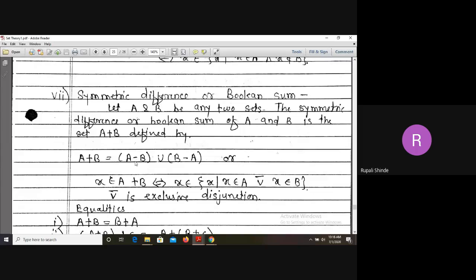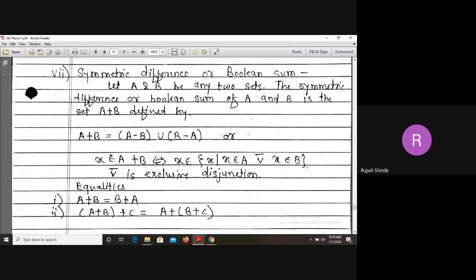So this minus operation is a relative complement. So again we have to find out the set of elements those are present in A but not in B. Union all the elements those are present in B but not in A. So this symmetric difference is also called as exclusive disjunction and that is represented by this symbol.